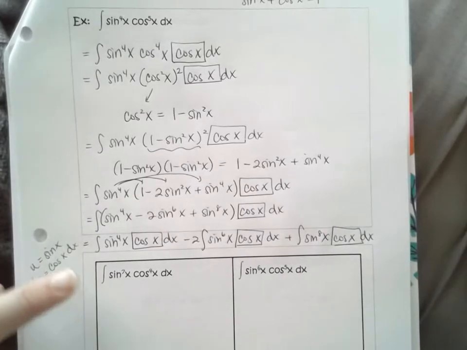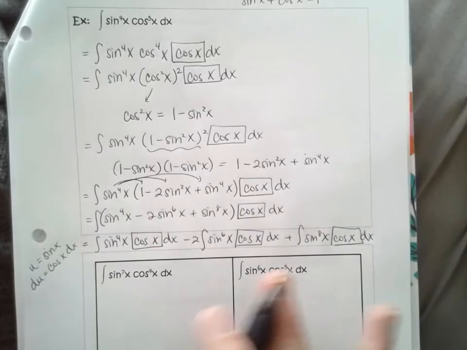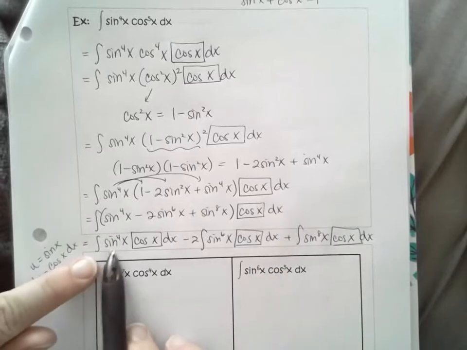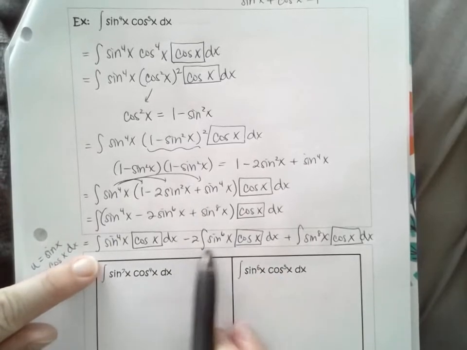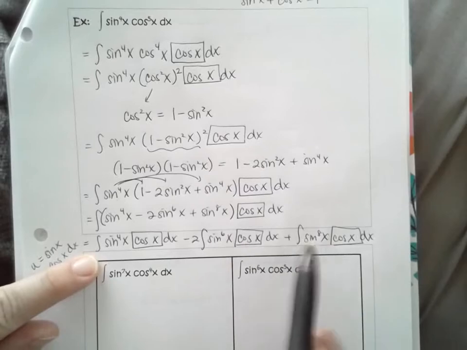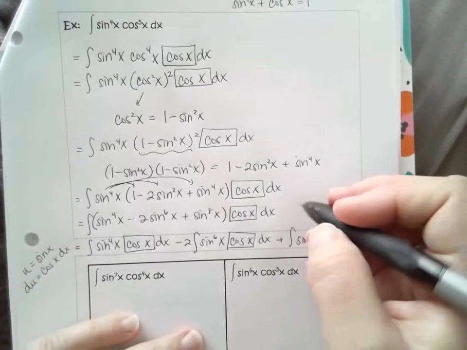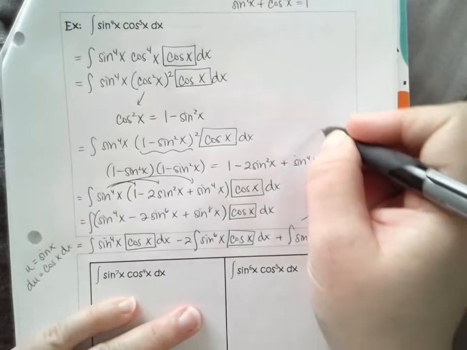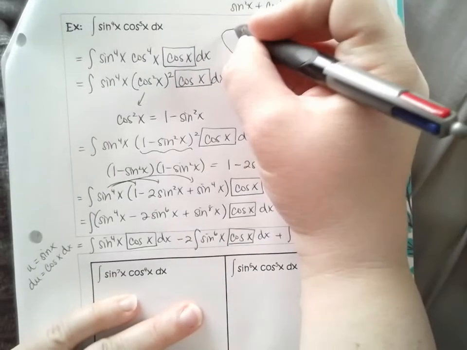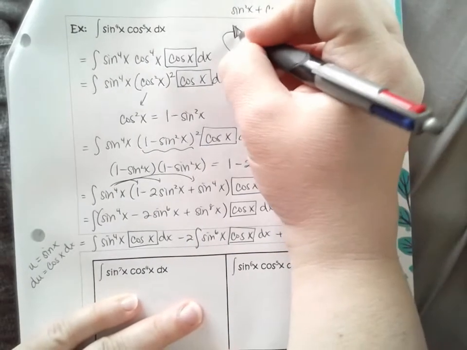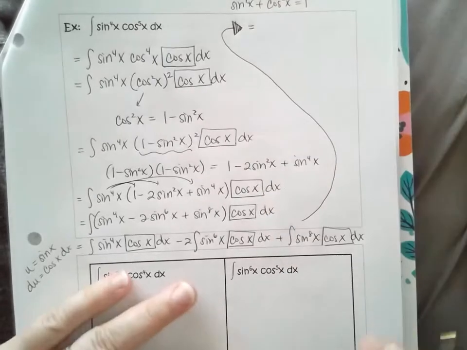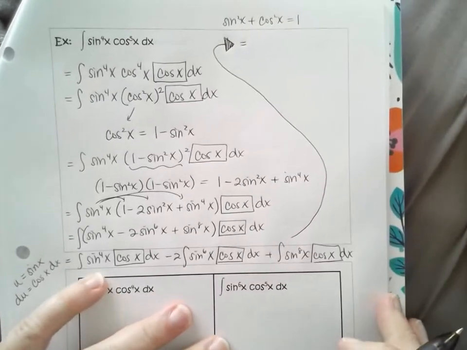Keeping that in mind, I don't have to do a lot of thought at this point. I don't need to rewrite it if I don't want. This says u to the 4th du. It says minus 2 u to the 6th du. It says u to the 8th du. So I'm just going to answer the question with the limited space that I have left. And the final answer is going to be, well, what's the integral of u to the 4th?